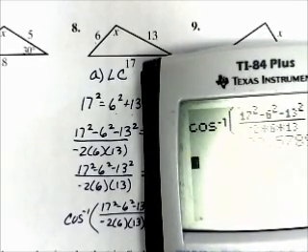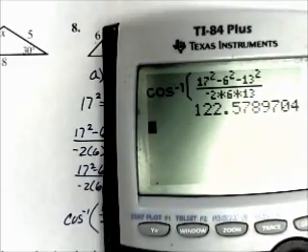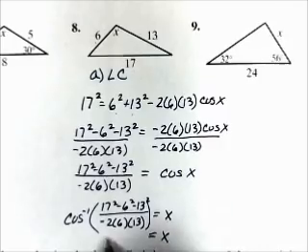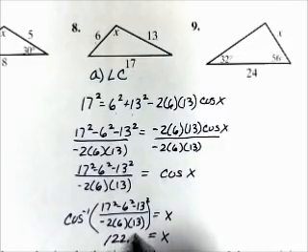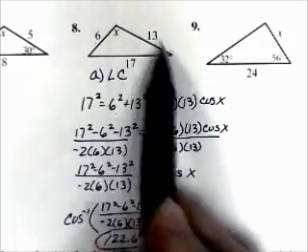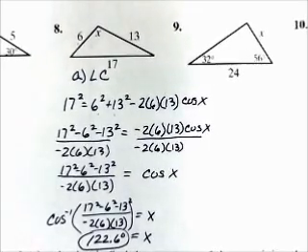And we're rounding to the nearest tenth. So this would be 122.6 degrees. So when all 3 sides are represented, that's a good indication that you're using law of cosines.